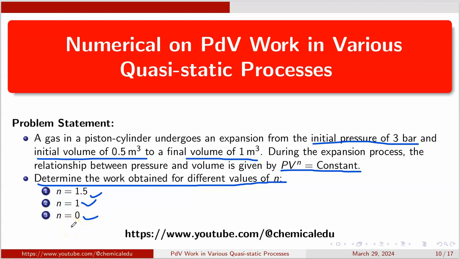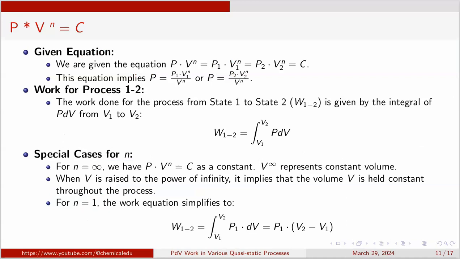Now first, what is the theory behind it? First, we have to calculate the work done. Here PV to the power n is equal to C. So the given equation, we can write P1 V1 to the power n is equal to P2 V2 to the power n is equal to constant.